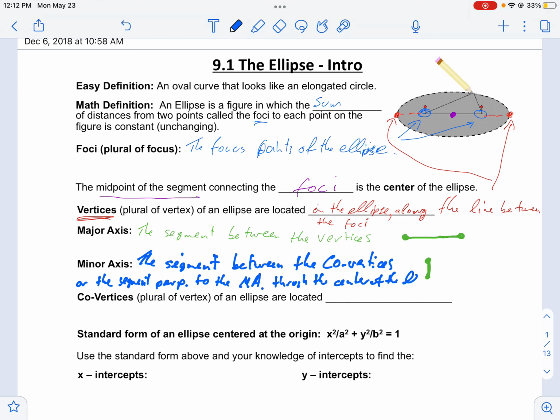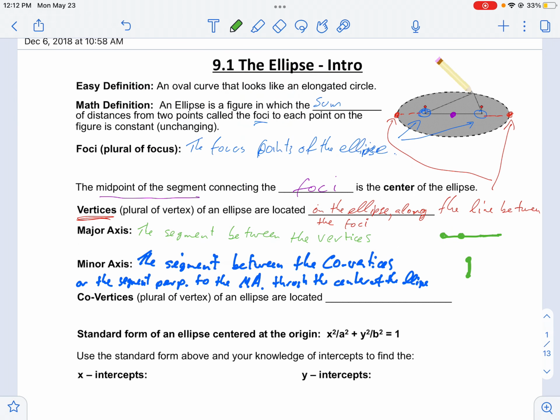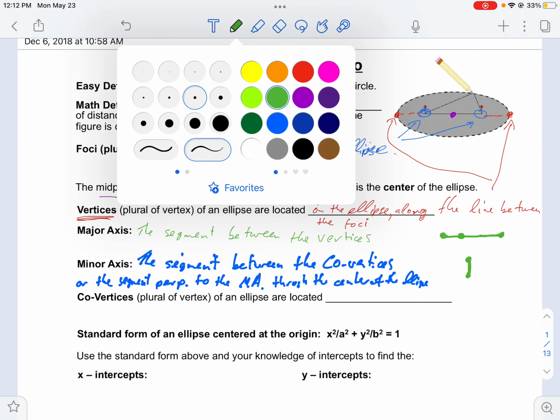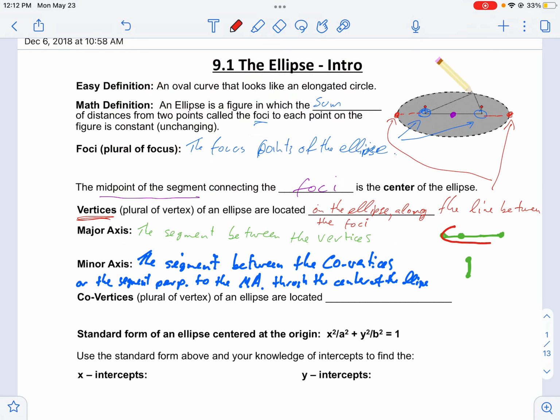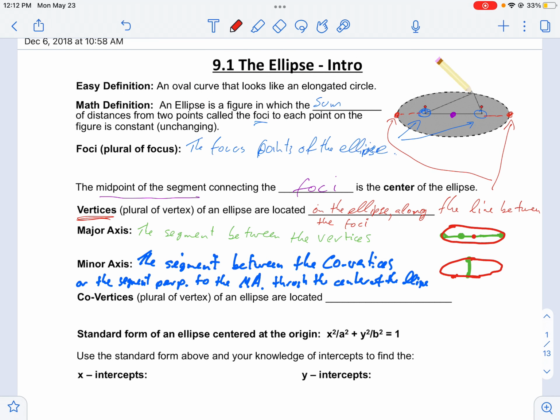So here, for a quick little picture, if this was our ellipse right here, these would be the axes, with the center of the ellipse being right here.